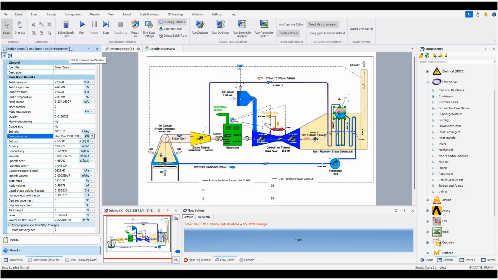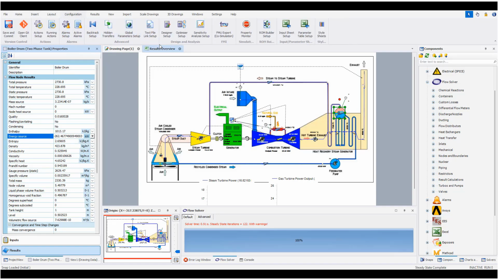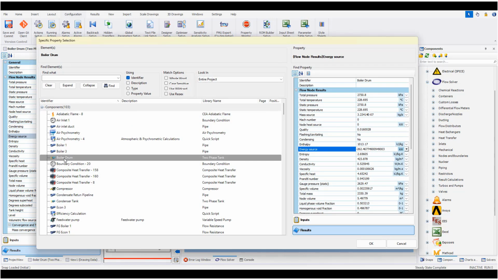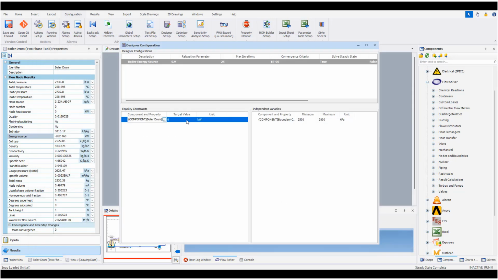The designer is here. If you go to the configuration and check the designer setup, this is for the boiler drum, and I want to set the value to zero. So this is the target for us.